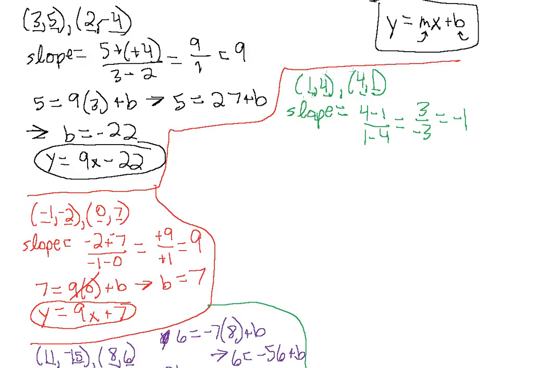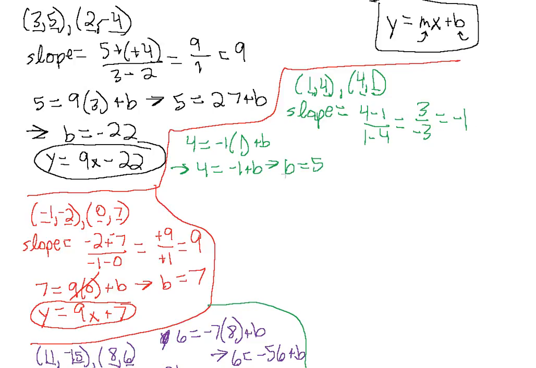And here it really doesn't matter which point we plug in, because we're dealing with the same numbers. So let's just go with the first one. We have 4 equals our slope, minus 1, times x, which is 1, plus b. This gives us 4 equals minus 1 plus b, and we can add 1 to both sides, giving us b equals 5.